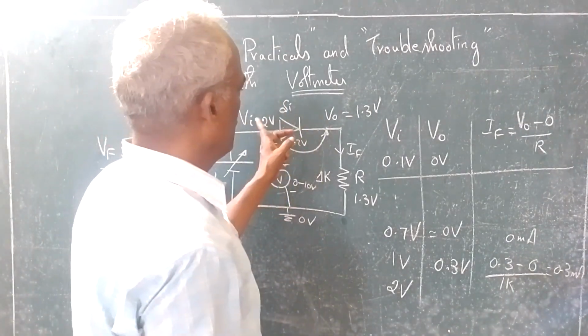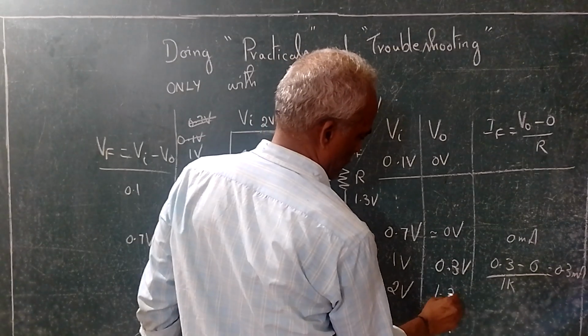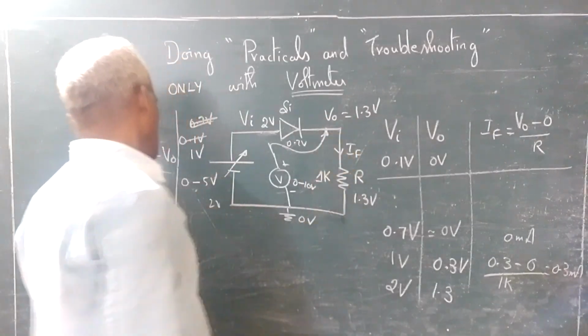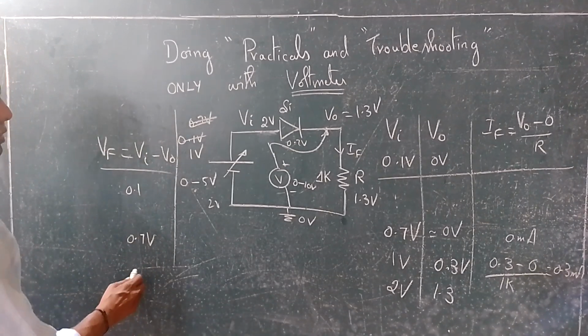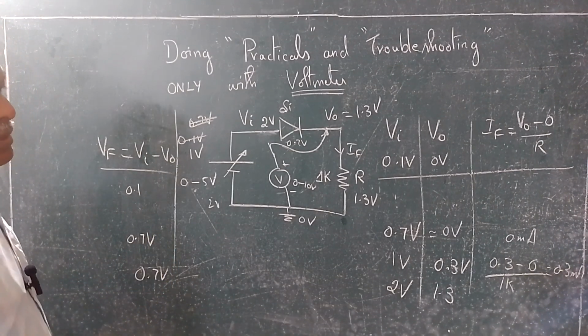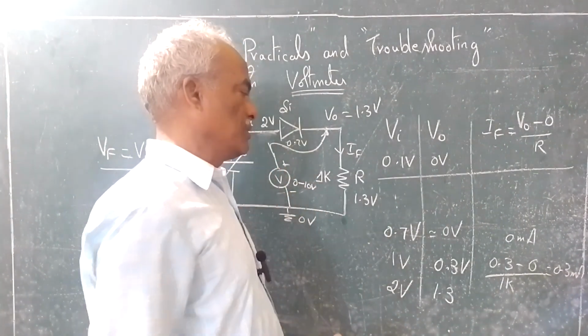So V in is 2, V out is 1.3. V in minus V out is going to have the same value, 0.7, or there may be some negligible increase in voltage.